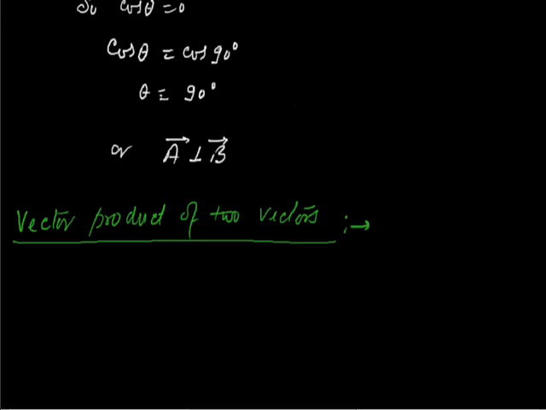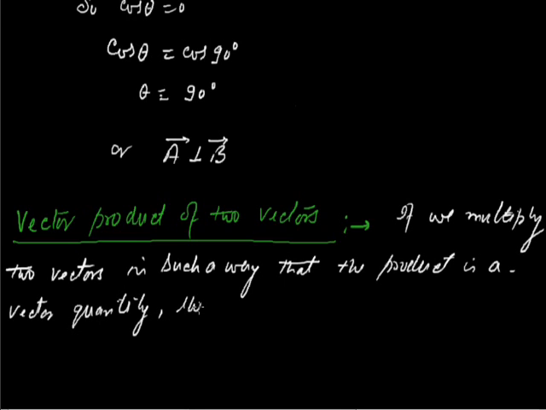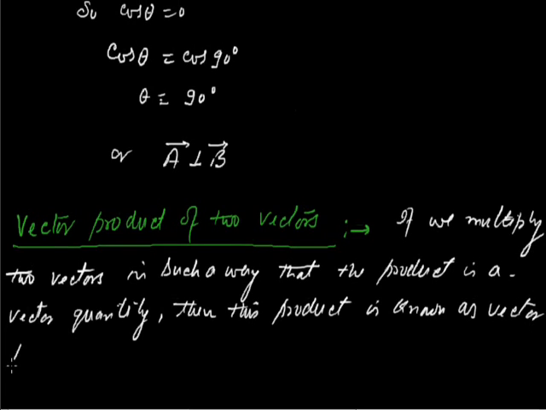If we multiply two vectors in such a way that the product is a vector quantity, this product is known as vector product or cross product of two vectors.